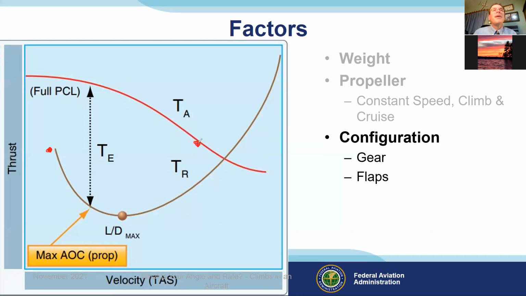And think about it in terms of induced drag and parasite drag. Flaps, for the most part, think of as giving you more induced drag. Gear, think of as giving you more parasite drag. I'll go with the color purple for just the landing gear.